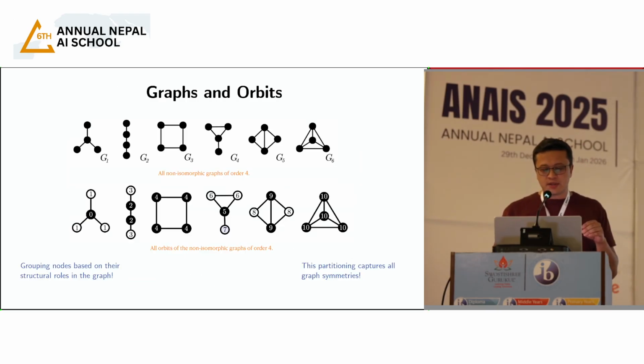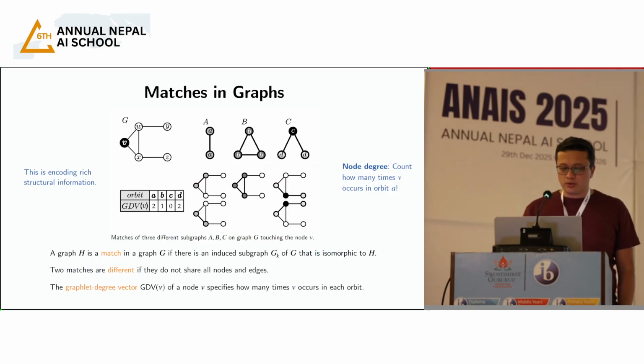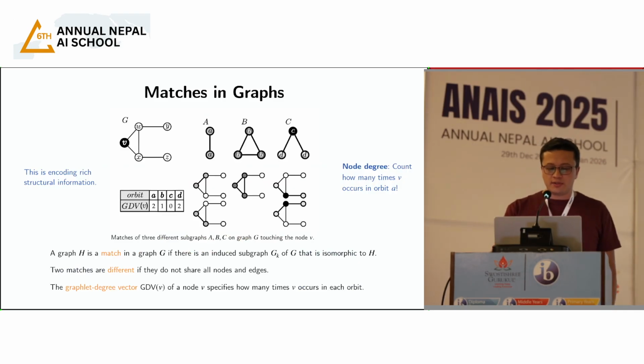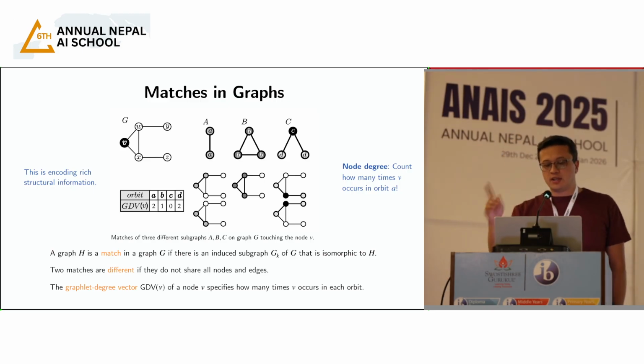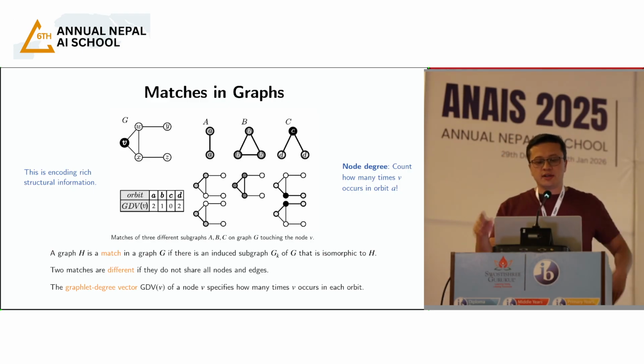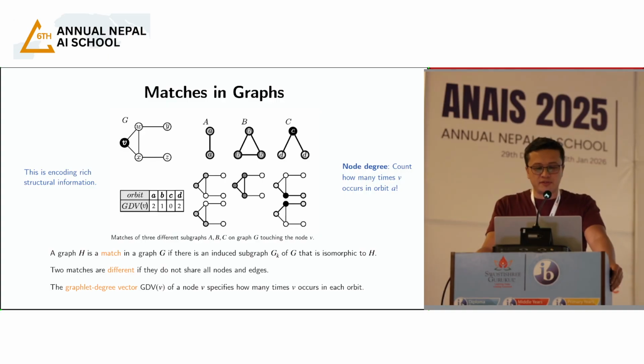Let me skip this and just show you the graphlets. So a graphlet looks like this. This is called the graphlet degree vector. So we look at a graph. In this case, the motifs we are interested in are given as A and B and C. One is just showing two nodes that are connected to each other. This is just a single path. The other one is showing a triangle, and the other one is showing a two-path motif, right?